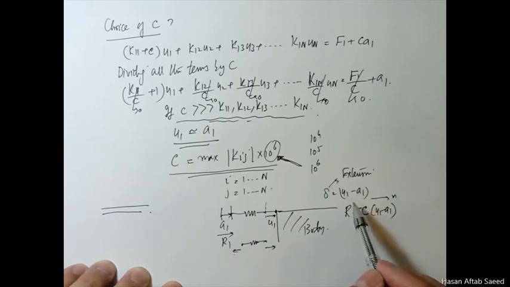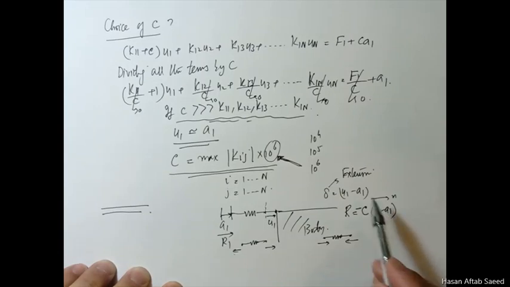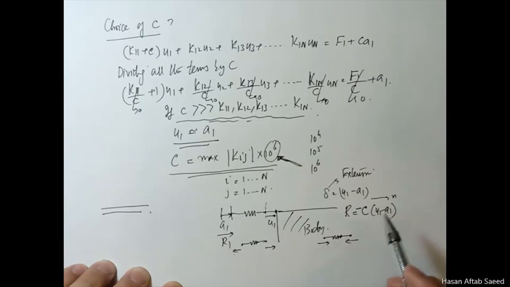If on the other hand it is negative, as is the case here, and this case is something like this, being compressed, so the force must be in this direction. So now again, U1 minus A1 is negative, negative multiplied by negative gives you positive. So this negative sign still has to be there in either case.